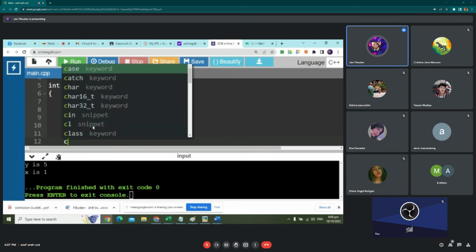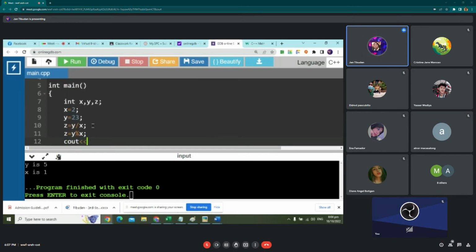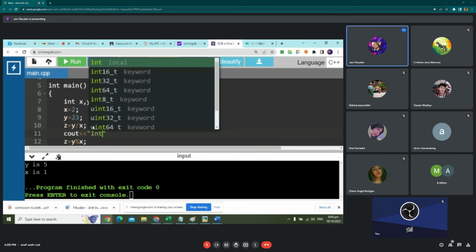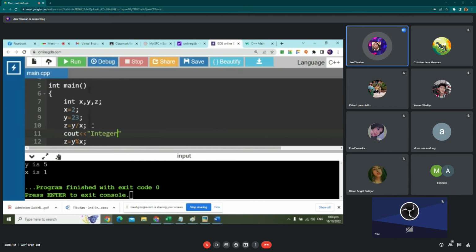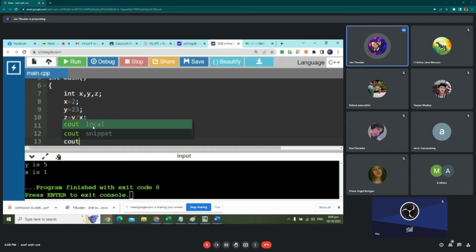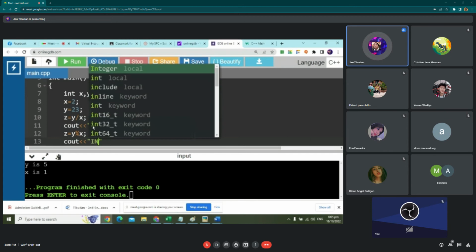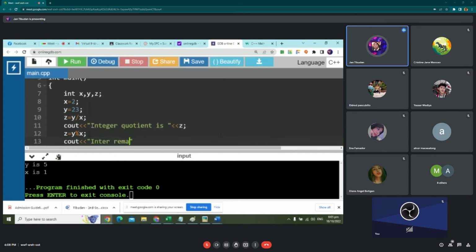Okay, so cout, integer quotient is, cout, integer remainder is, okay.